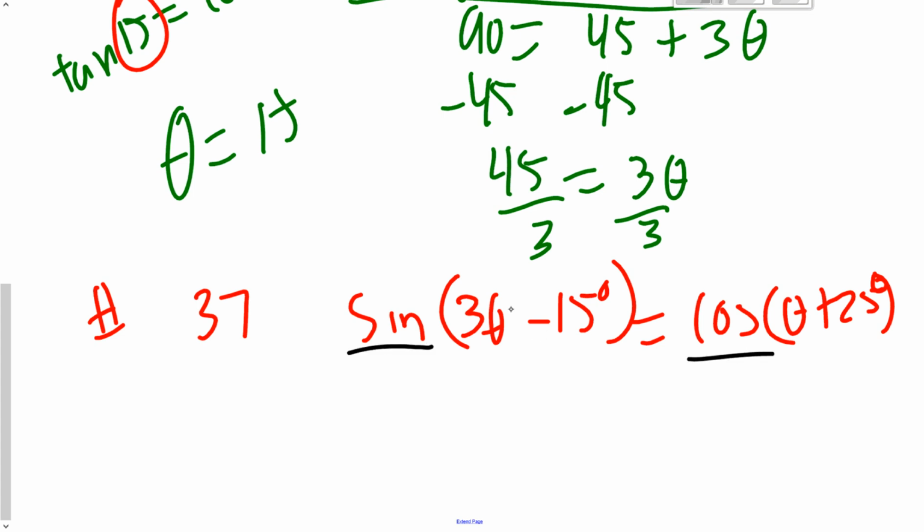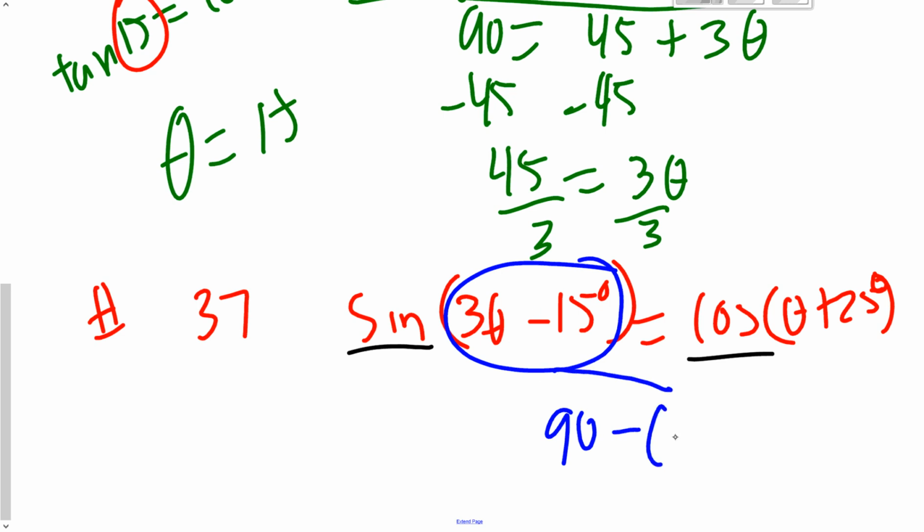So if we have sine of some angle, then it has to equal cosine of 90 minus whatever that angle is. Well, my angle, the whole thing, is 3 theta minus 15. But what does cosine actually equal over here? It equals theta plus 25.